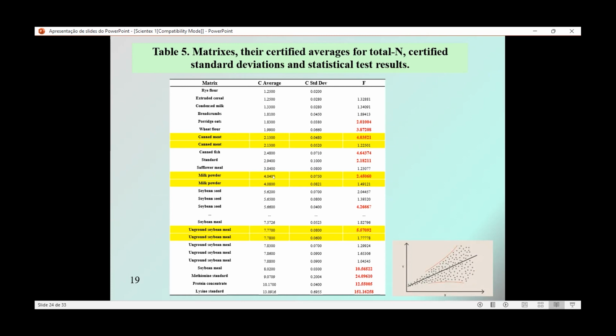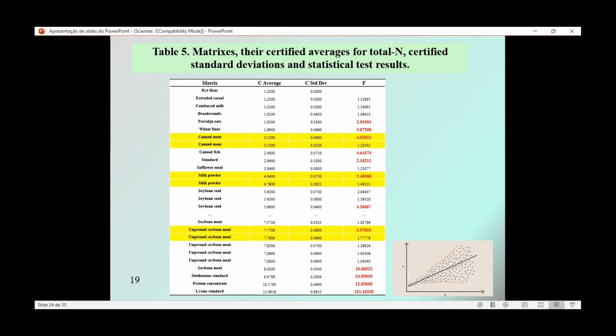Here, in milk powder, safflower meal and milk powder had certified averages very near one from the other. But the F-test showed that their uncertainties were significantly different.